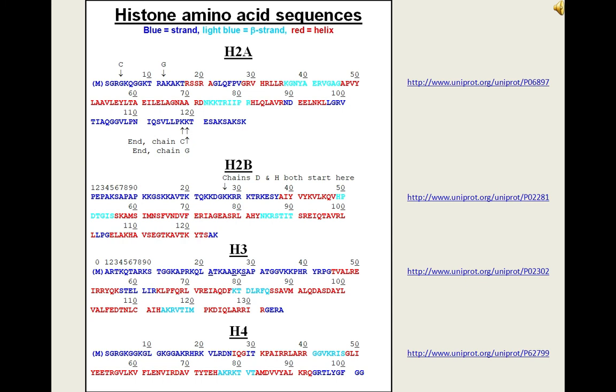Since the Luger N-termini for both of the H2B chains, chains D and H, are truncated proximal to lysine 27, I have no way of knowing which 3 proximal amino acid residues are missing from the PDB structure. There is therefore a 3 amino acid numbering discrepancy between the Luger H2B sequence and the UniProt sequence shown here.